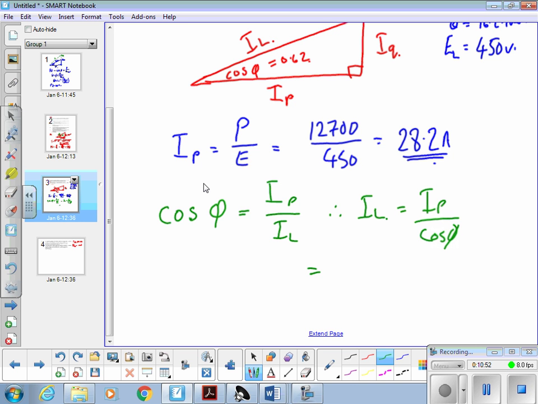IP, 28.2 amps, over cos theta, 0.62, equals.